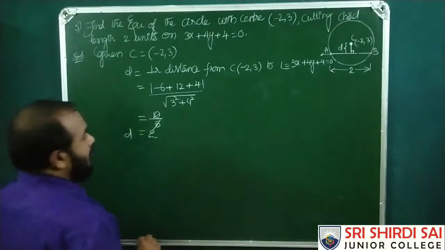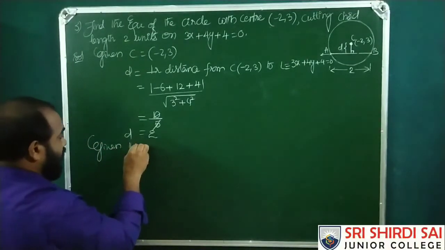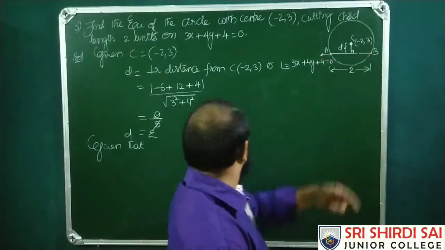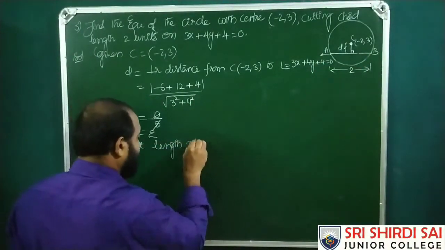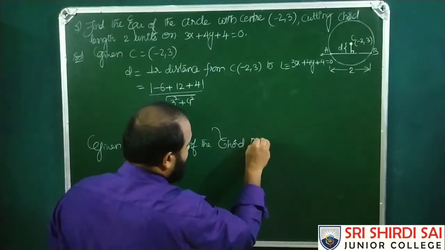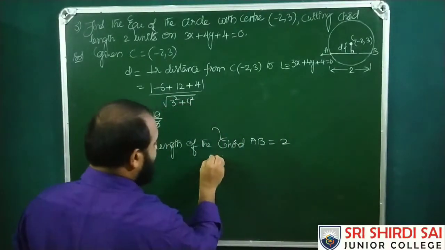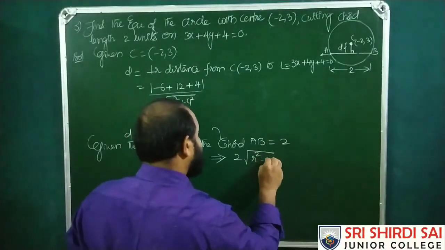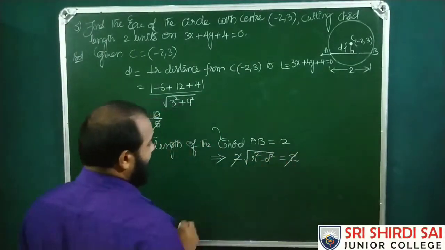So given that the length of the chord AB is equal to 2. What is the length of the chord formula? 2 root of r square minus d square is equal to 2. 2 gets cancelled.